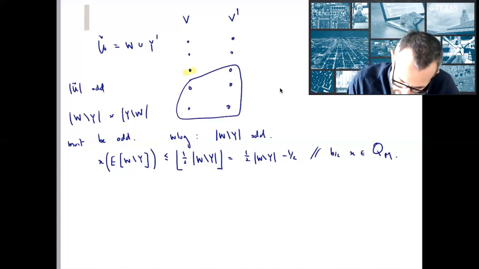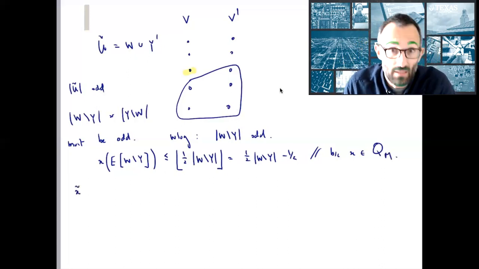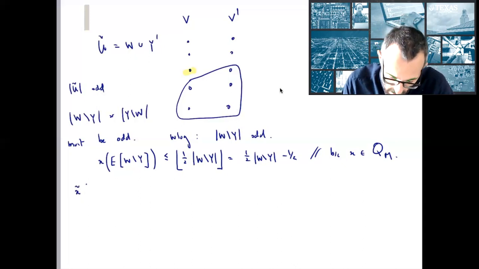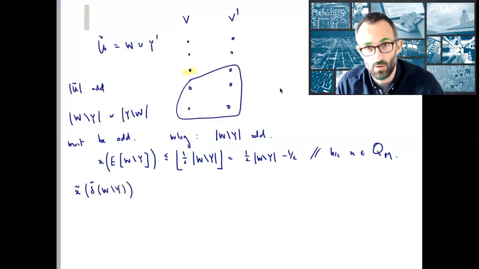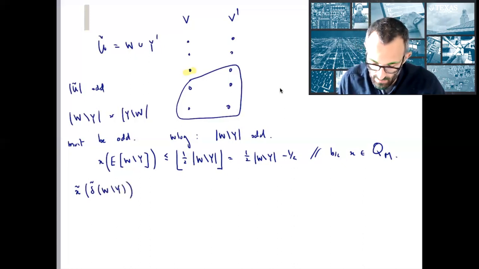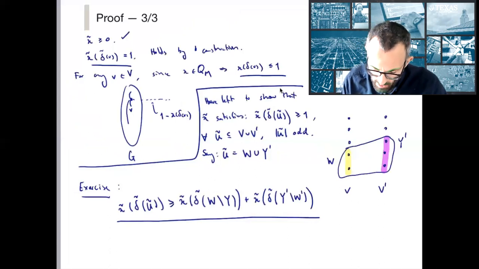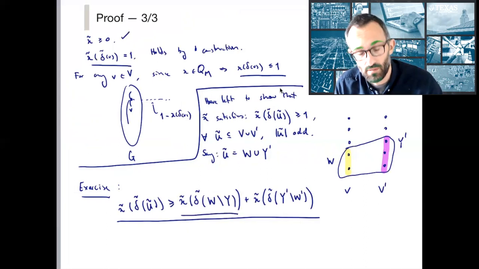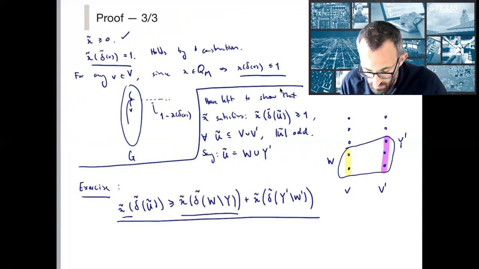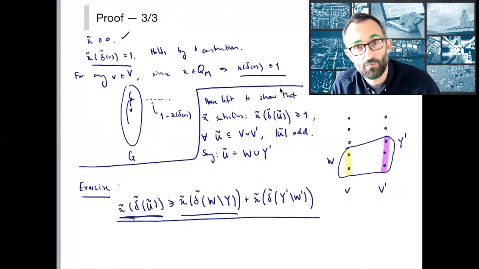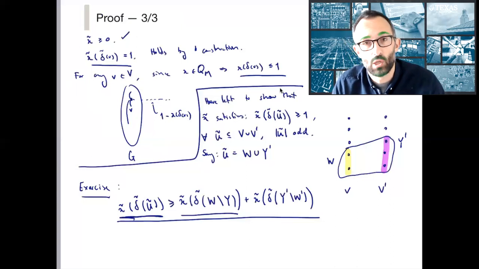All right, very good. So now let's see, what does this tell us about x tilde of delta tilde of w minus y? Let me flip back a slide so that you can see why I care about this quantity. I care about this quantity because it is one of the two terms that lower bounds the quantity on the left, which I need to show is lower bounded by 1.